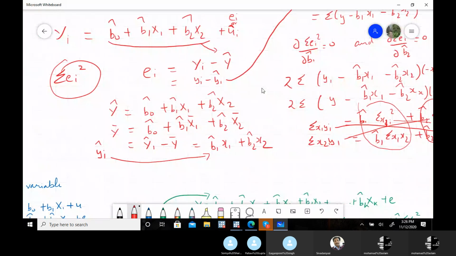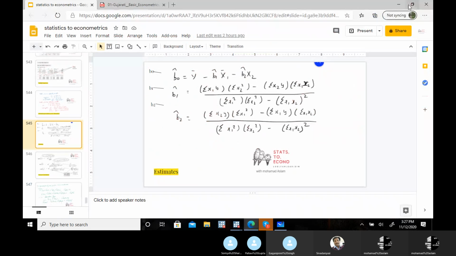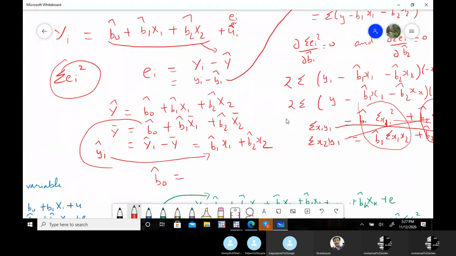Using this property, if you put in the values of beta 1 and beta 2, you will get the value for beta 0 hat from this particular equation. So beta 0 hat equals y mean minus beta 1 hat x1 mean minus beta 2 hat x2 mean. So this is your third component.